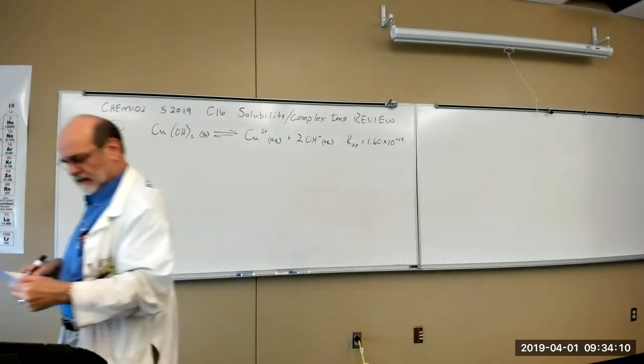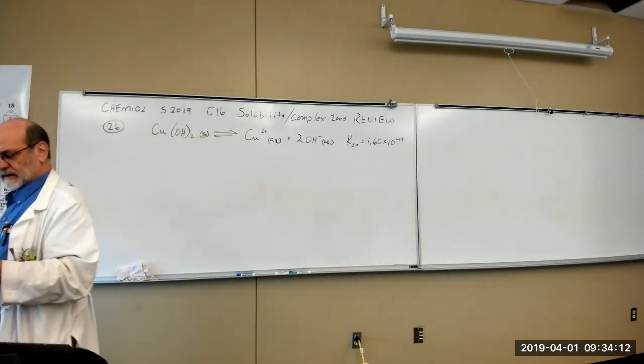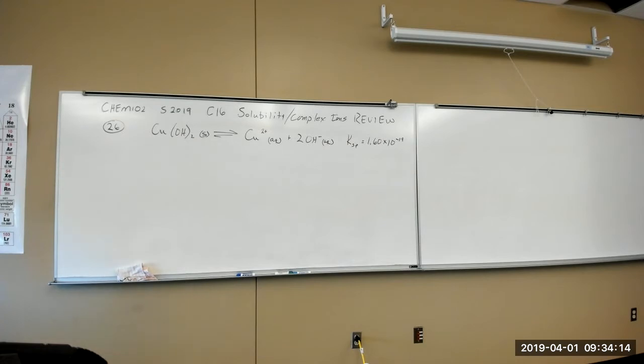I don't know how to properly name it. Tetraammine copper 2. I don't do these very often either. Let me go to the handout I gave you last week. This would be good practice for me too. There it is.